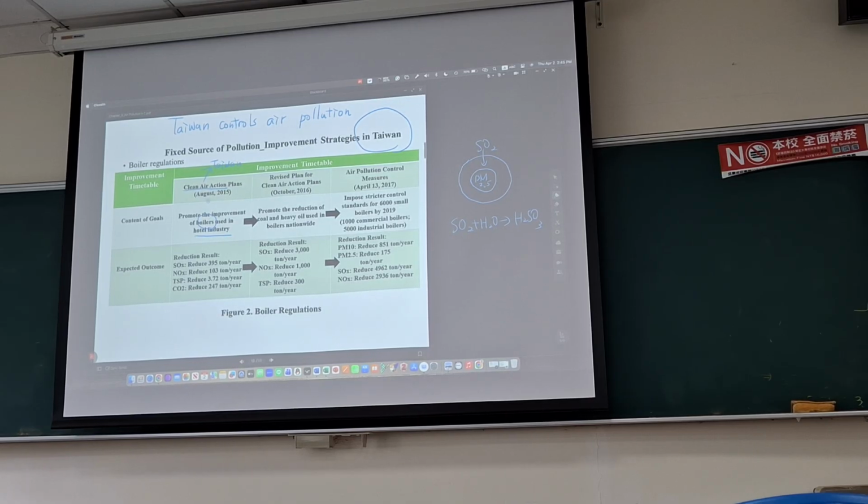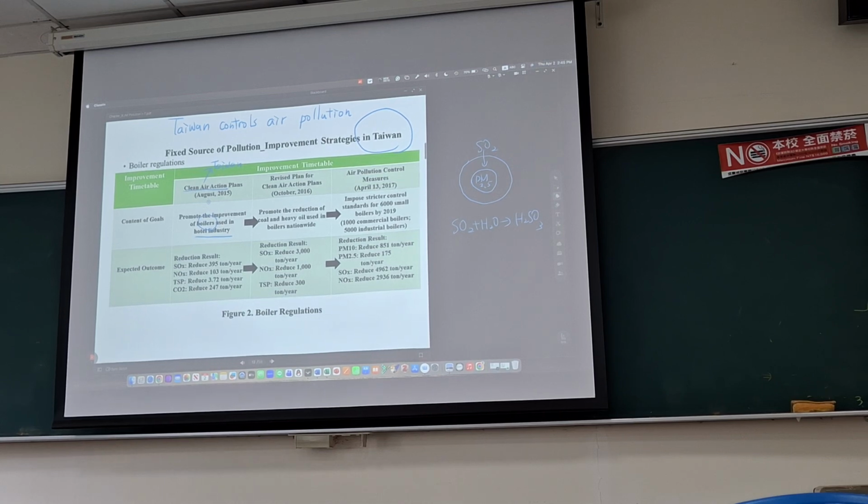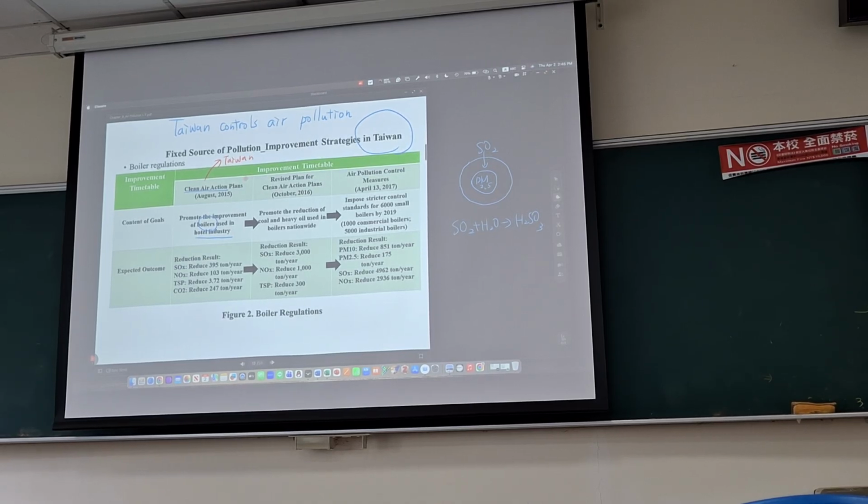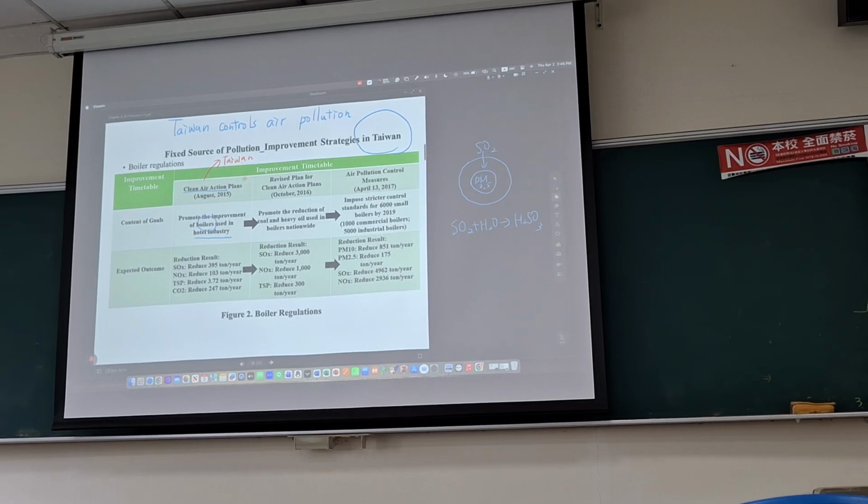International students probably do not know that the Taiwanese government actually copies lots of regulations from the United States or Germany. This one is for Taiwan, but to tell you the truth, it's pretty much like the Clean Air Act in the United States.